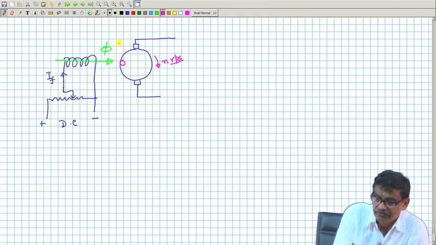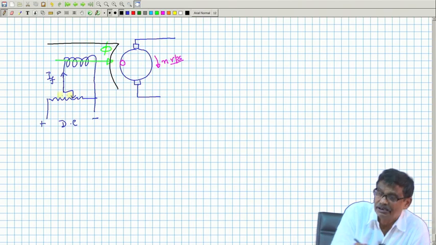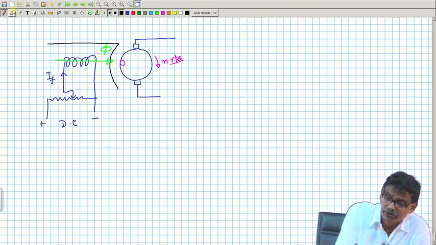If I show the poles also to complicate the matter, this is the pole over which this field winding is wound. It is not correct to draw like this, but this side flux is entering the conductor, better I will not show it like that, it will only create confusion.